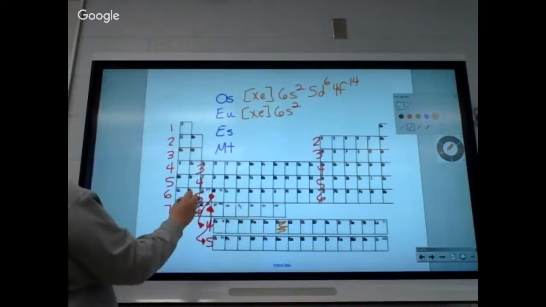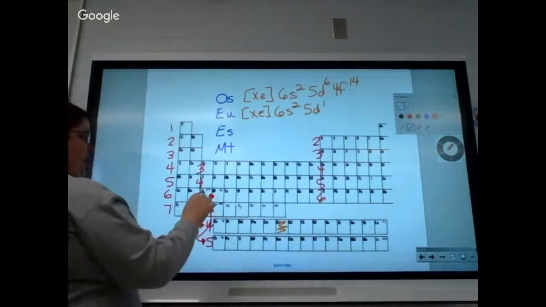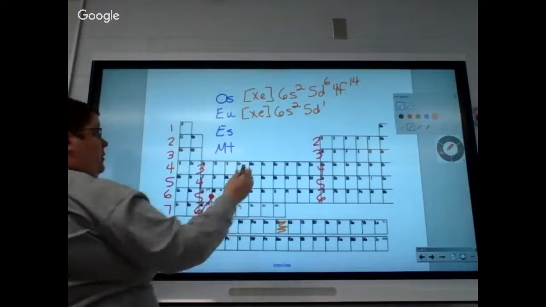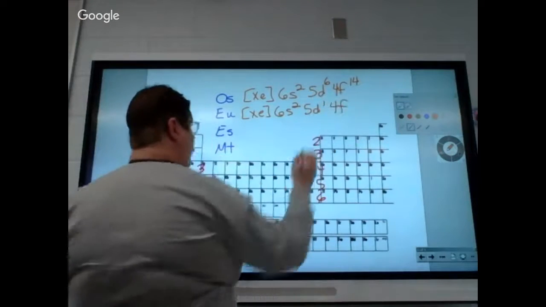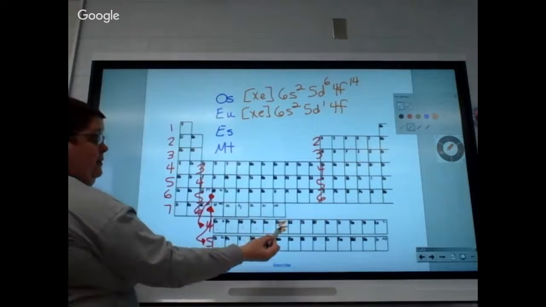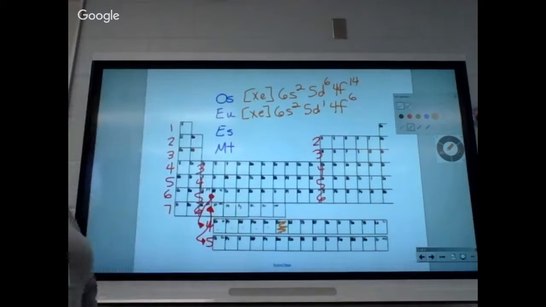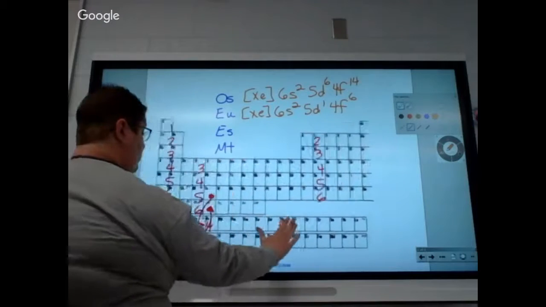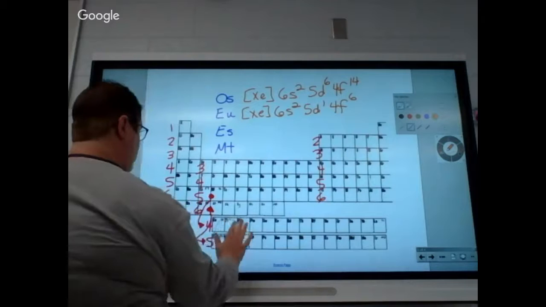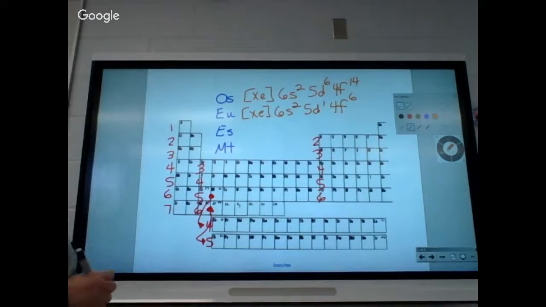What comes after that? 5D, how many? 1. After 5D1, we go where? 4F, hold on with the 14. We're doing this one. So 1, 2, 3, 4, 5, 6. Okay, and we stop there. That's it. So if it was HF, we go through that long process still? Yeah.